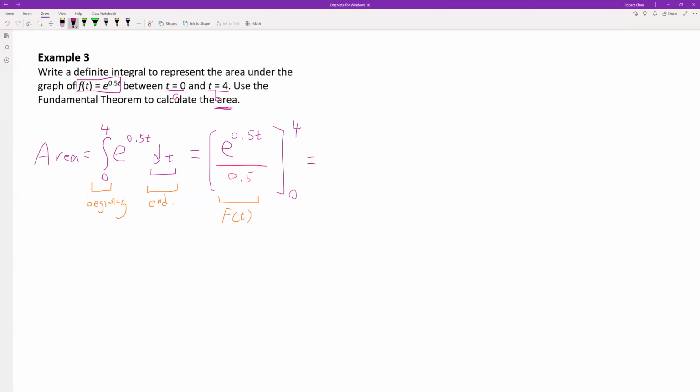So we can evaluate the function at 4 first. So we can write e to the 0.5 times 4 over 0.5, minus e to the 0.5 times 0 over 0.5.